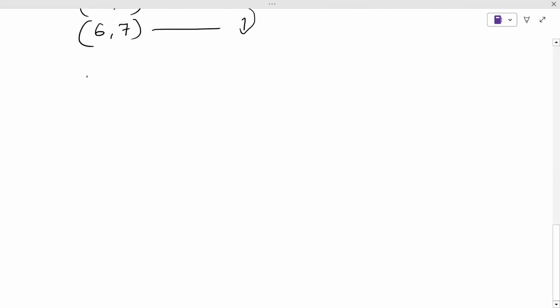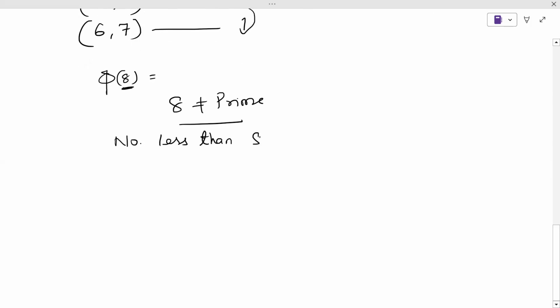Another example we consider here is phi 8. 8 is not prime, so what will we do? We take the numbers less than 8: 1, 2, 3, 4, 5, 6, 7.